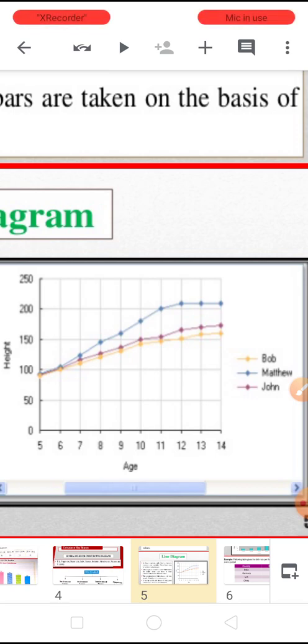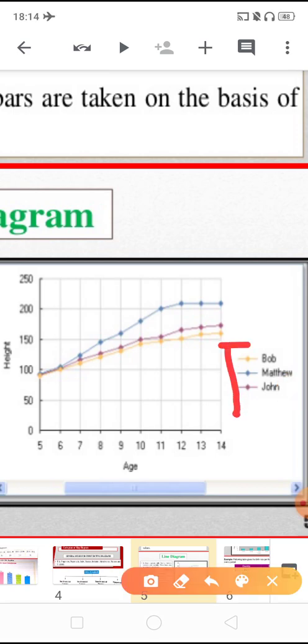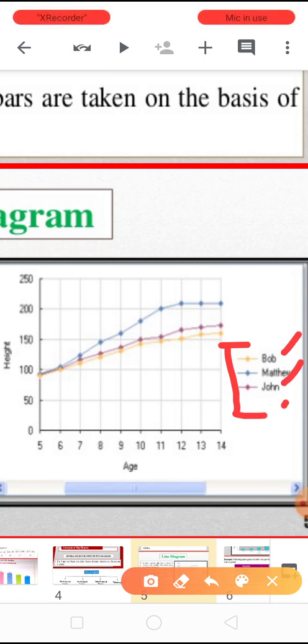As I just said, there are basically three students: Bob, Matthew and John. So their height according to their age is being represented. At the age of 6 years, the height of Bob is 100 centimeters, whereas Matthew's is a little bit more than Bob's, and for John also it is greater.